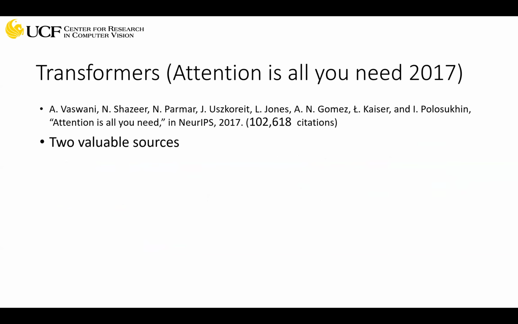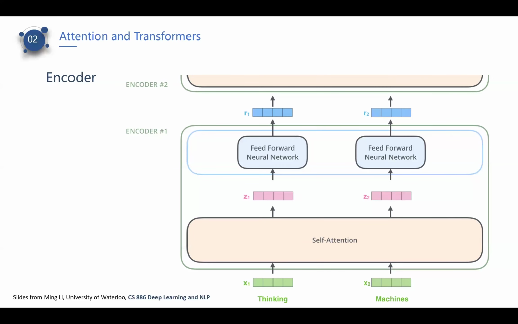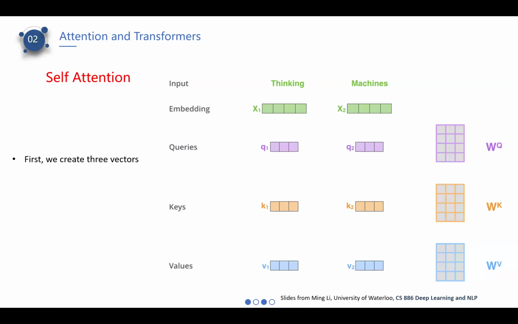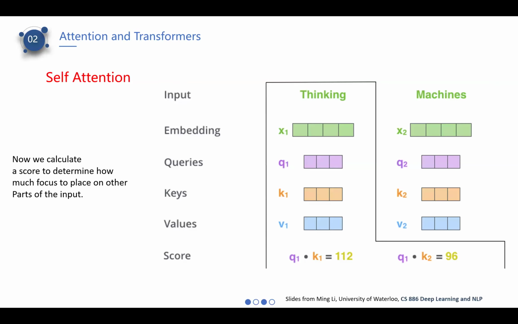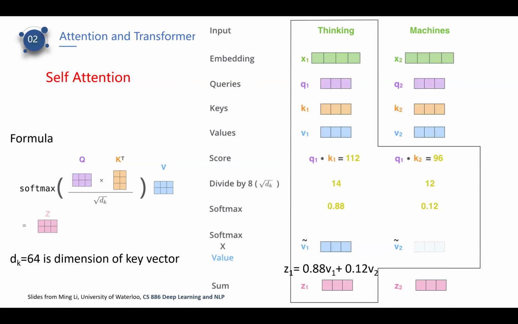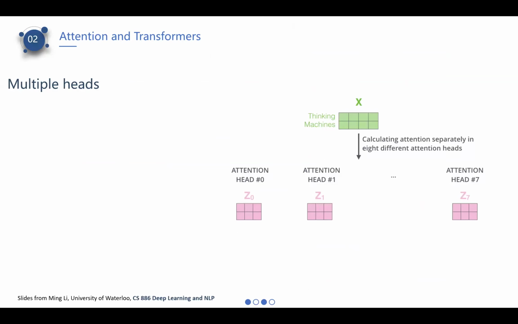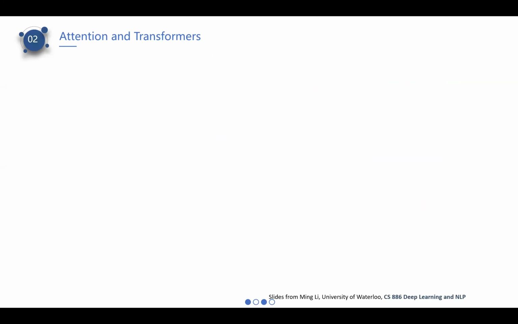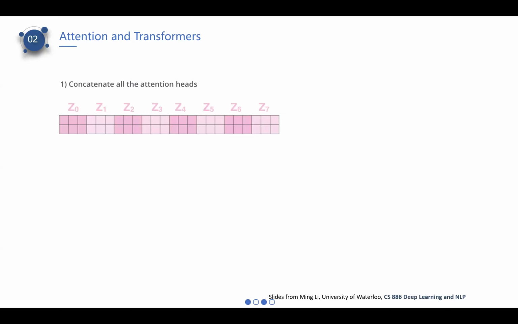Okay, so we did that, and we did this. Now for multiple heads, we have 8 heads, and it will look like that. After we went through self-attention, we started with X, we get Z, and we have 2 tokens. This is the first token, the second token, and this is the first head, second head, third, and so on.